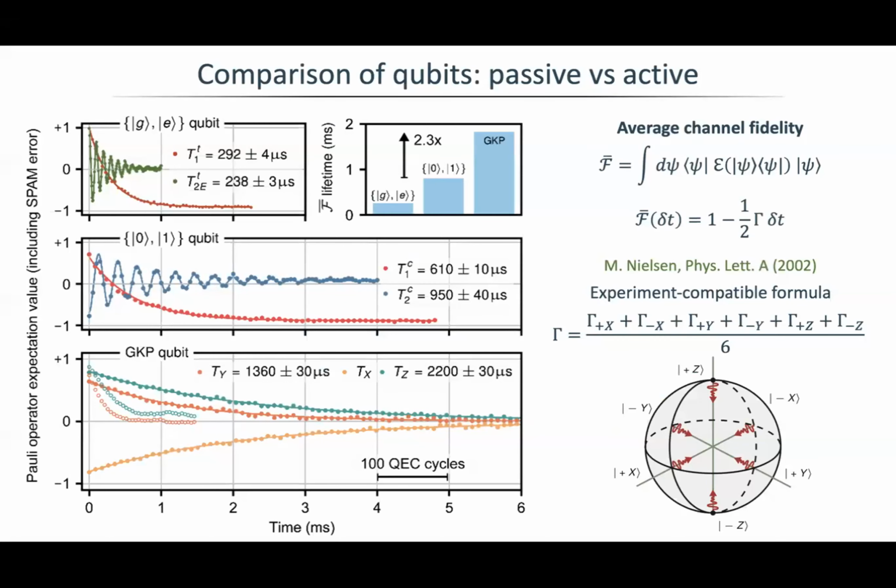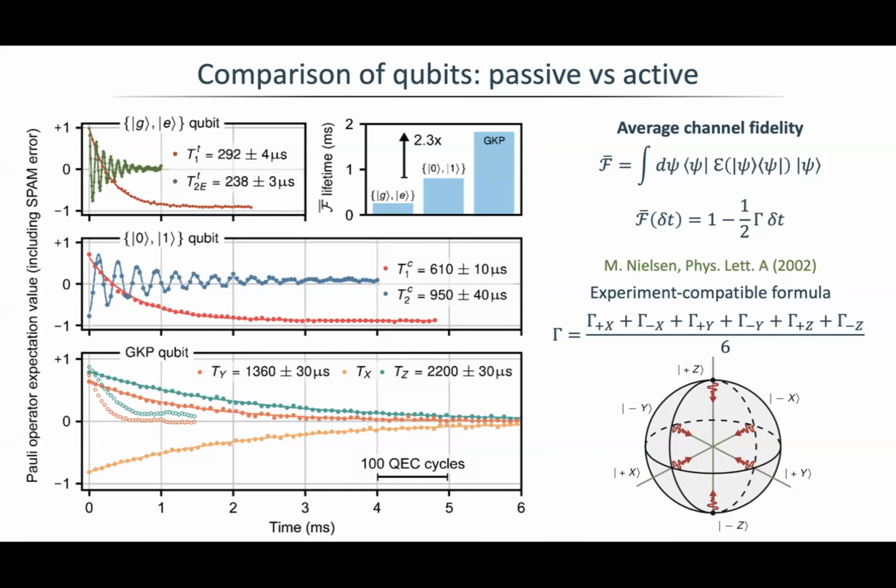So first I want to introduce this notion of lifetime. We derive it from this metric called average gate fidelity. In this metric, you take a quantum state, you pass it through the channel, and then you compute the overlap with the initial state. So it's just a state transfer fidelity, and then it's averaged over all possible states on the Bloch sphere. And that's why it's called average. So if this channel is identity, then this is 1.